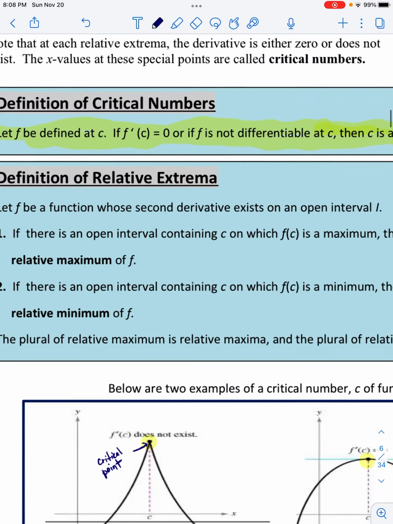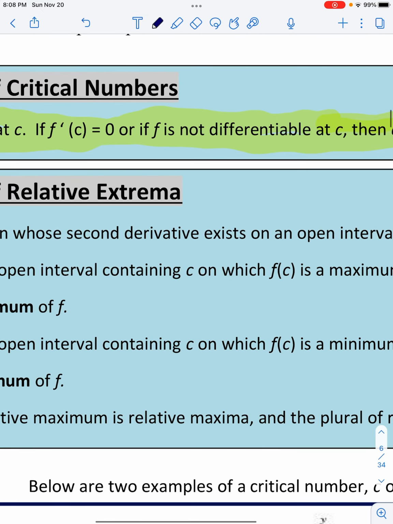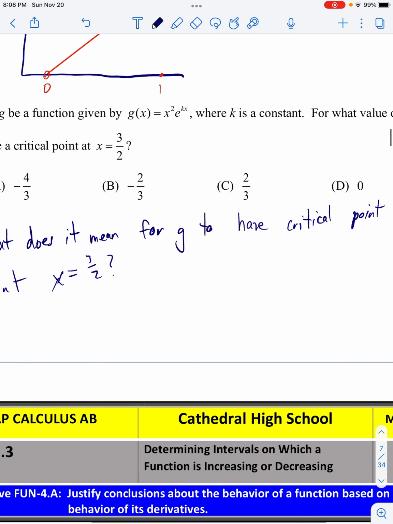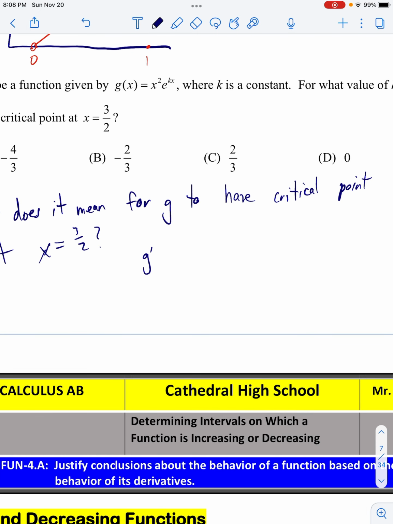What's the definition for a critical number? Either f prime of c equals 0 or f prime of c does not exist. Okay, those are the two options, okay? So for our function g of x to have a critical point at x equals 3/2, that means g prime of 3/2 equals 0, or g prime of 3/2 doesn't exist.